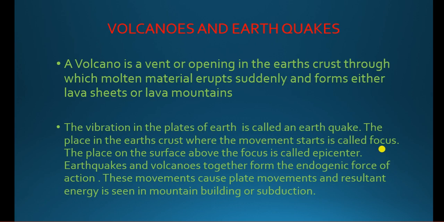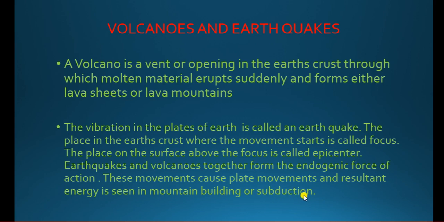These movements cause plate movements, and the resultant energy is seen in mountain building or subduction. What does subduction mean? When an oceanic plate collides against a continental plate. Oceanic plate is mostly of rocks, and in continental plate we have soil, means the material is not so dense as we see in oceanic plate.